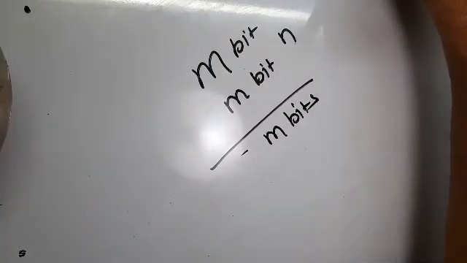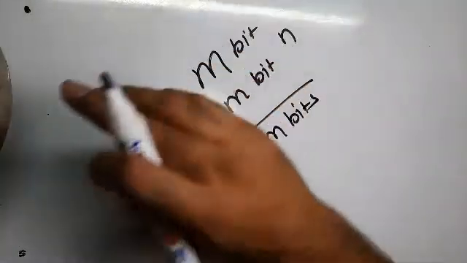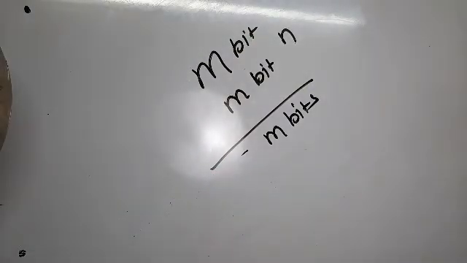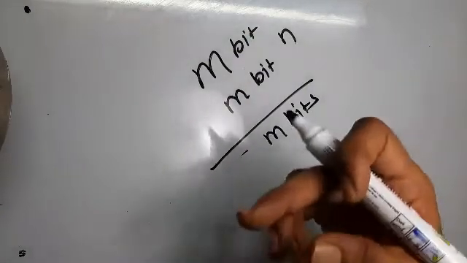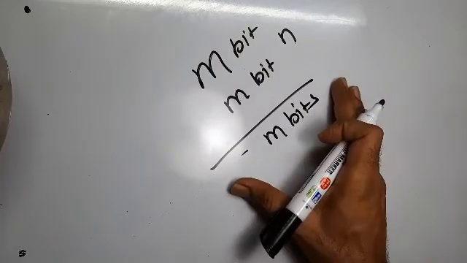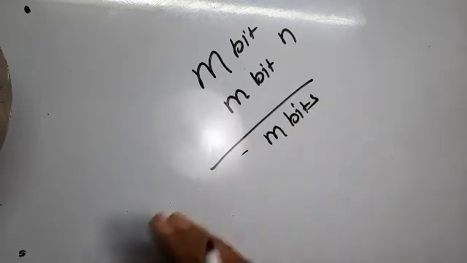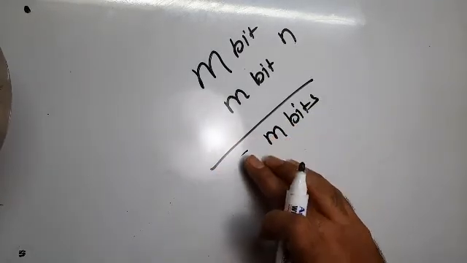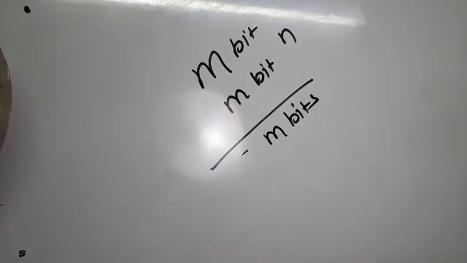I'll show it by taking one example. While calculating the checksum, we'll take an example that generates more than m bits, and I'll demonstrate how the wrapping happens.